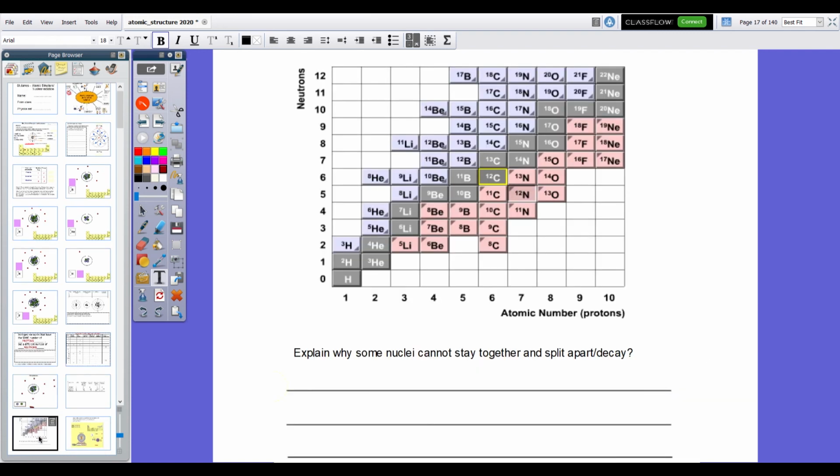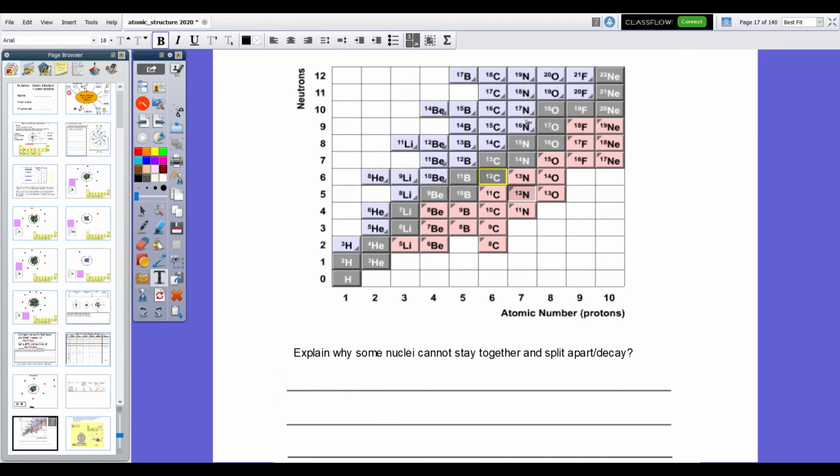Maybe this little representation might help. This is a little chart that shows neutrons against atomic number, protons. So you can see a lot of the common ones on the periodic table are these ones in the grey. If you're looking at these isotopes up here, all the heavier versions of nitrogen up here, and you've got all the lighter versions of nitrogen down here, so these have got fewer neutrons and these have got more protons.